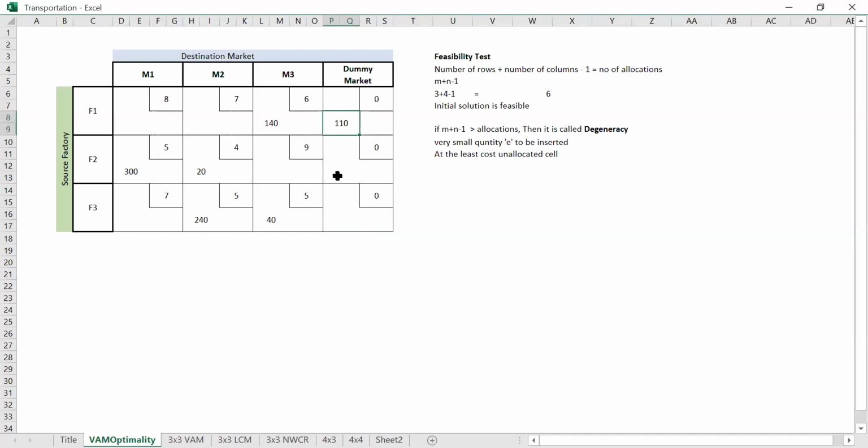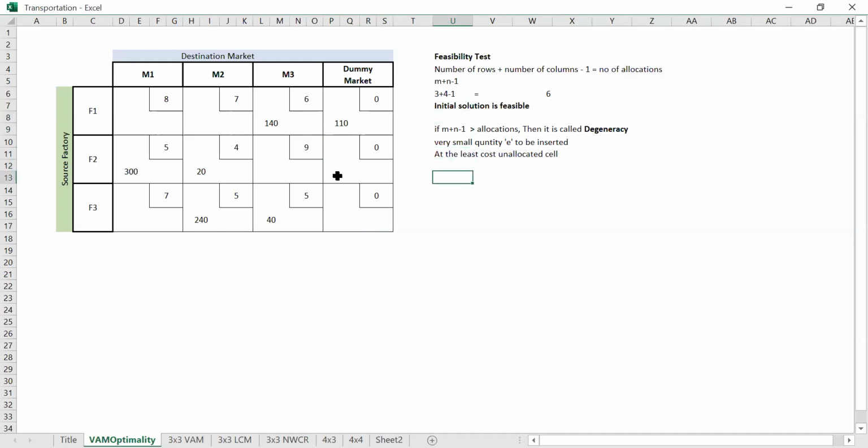If M plus N minus 1 is not equal to number of allocations, only then you have to introduce this arbitrary or imaginary volume in one of the cells with the least cost to proceed to the next step. So this is called degeneracy. Remember, it's a very important theory topic. It may come for 1 or 2 marks. Please do read it. Now, this problem is feasible, so we don't have a problem here.